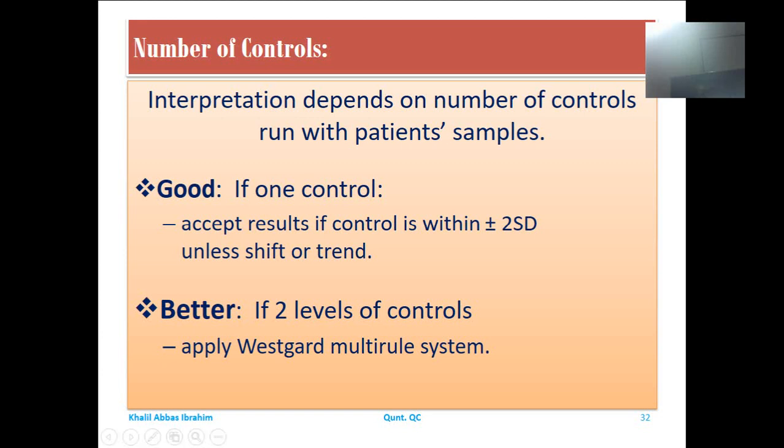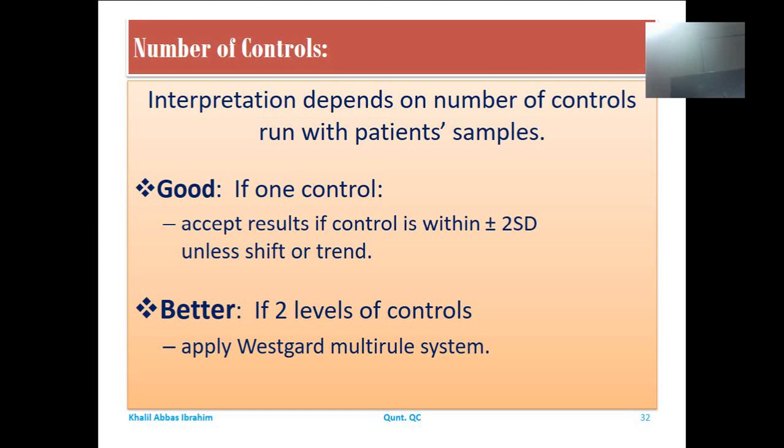Number of controls that you use in the laboratory to set a system for quality control of quantitative procedures. Interpretation of the values depends on the number of controls run with the patient sample. If you use one control, it is good, but it is not good not to use any control.